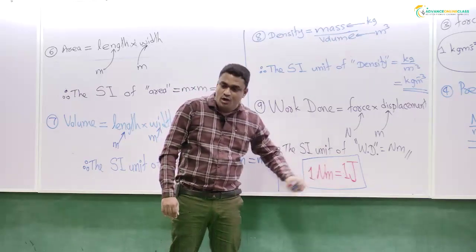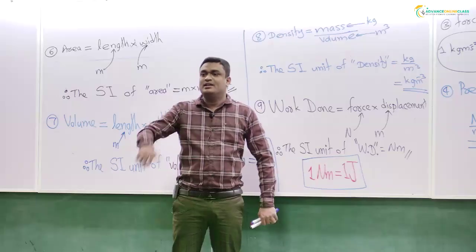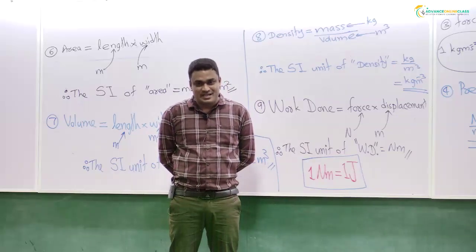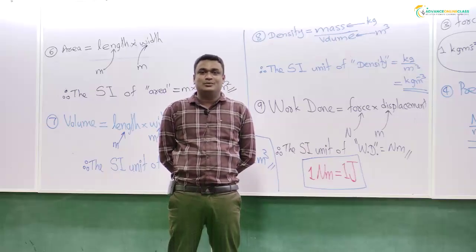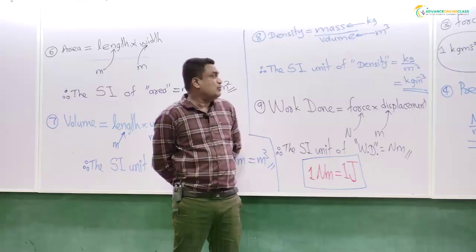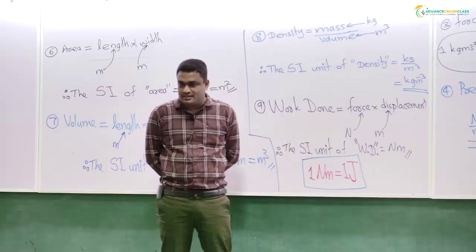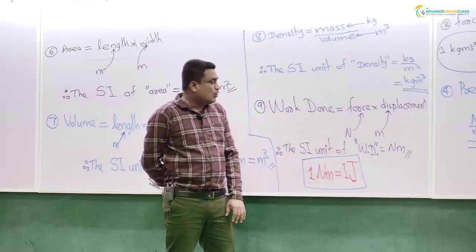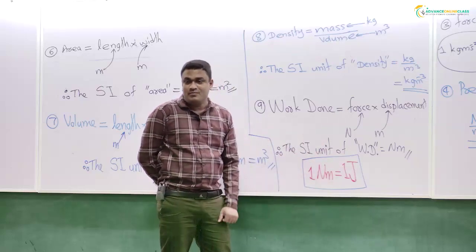Newton meter or joule. But the examiner gives you a different answer. What is the answer that the examiner can give you? That's what I'm going to teach you next. I'll give you one more example after the 10th example. The examiner's answer for work done is not Newton meter, not joule.